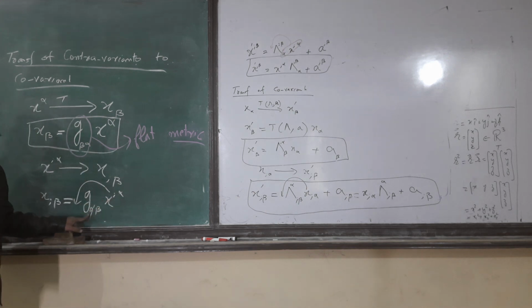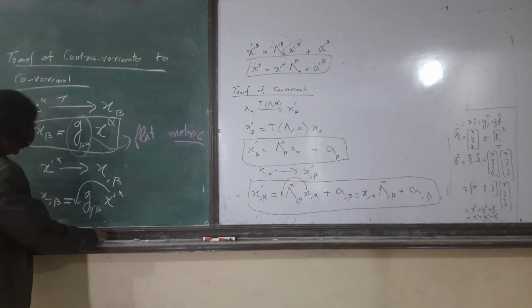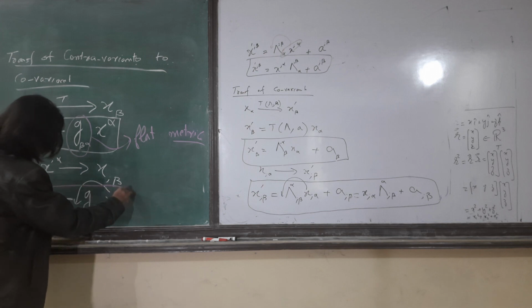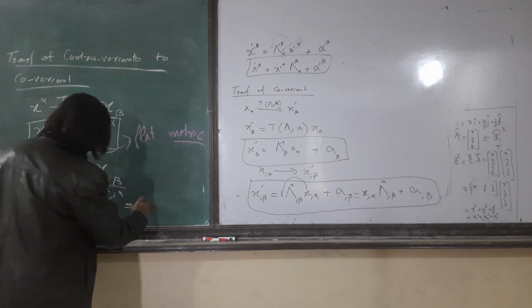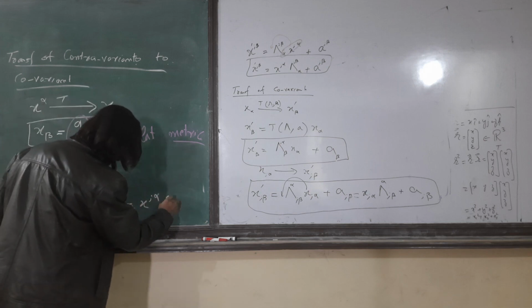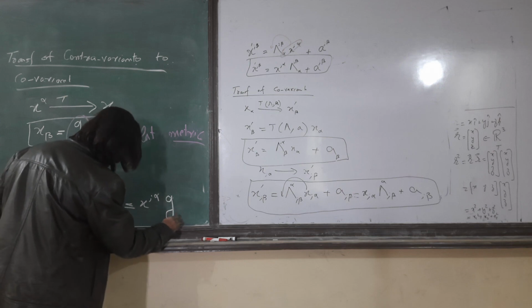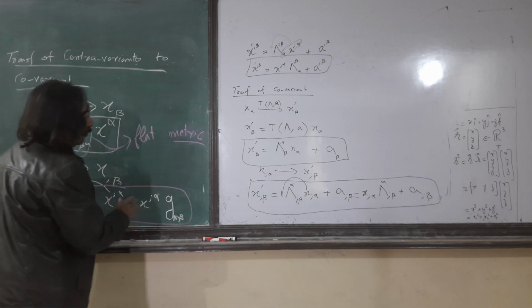This will be contracted with the row, because now beta is the free index and the second index will be a column index.